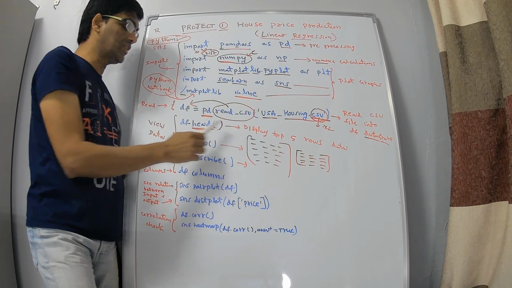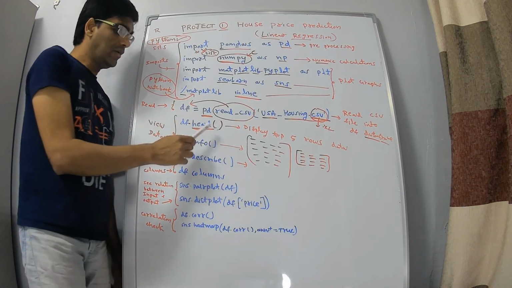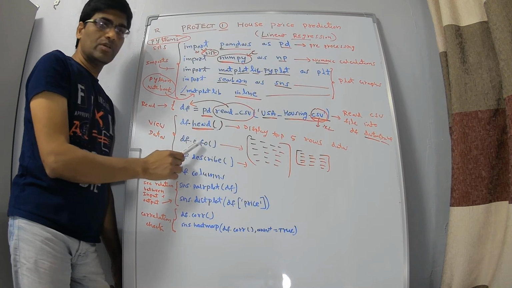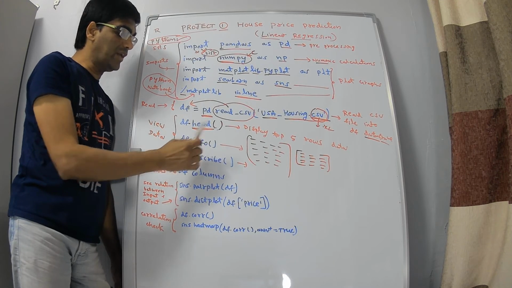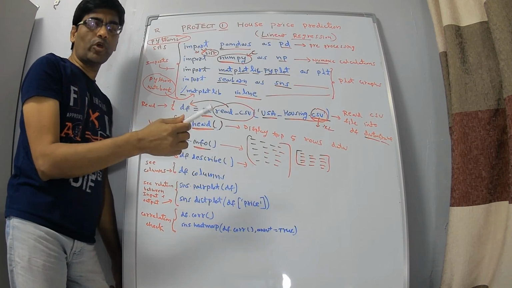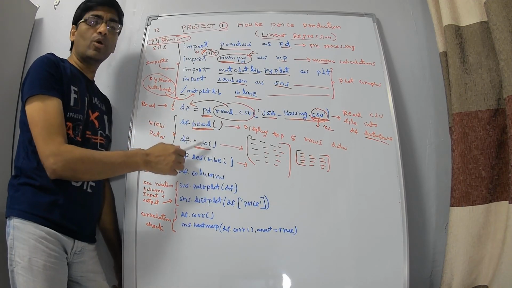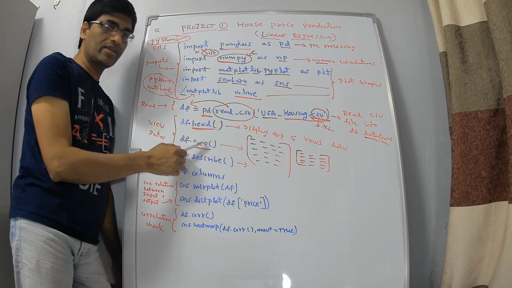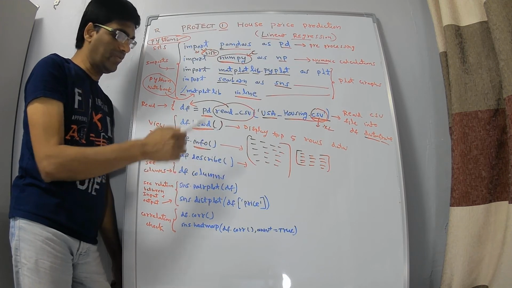About head. Then after that, df dot info, another method given, which gives different types of information. In the next programming section on the laptop I will show what information it displays. Here it only displays values, while info gives different types of information.